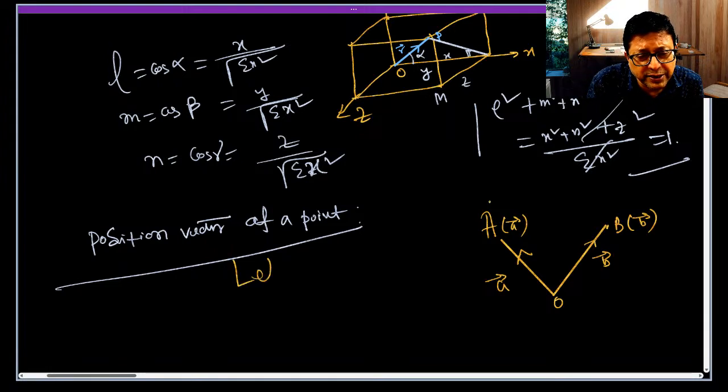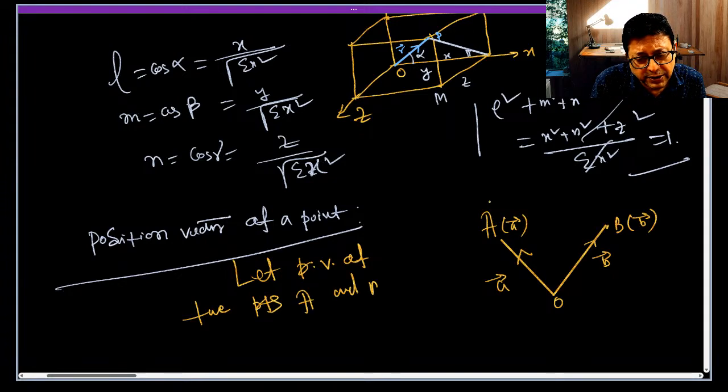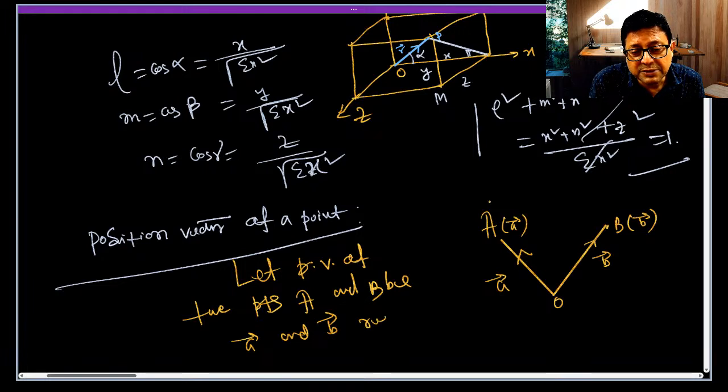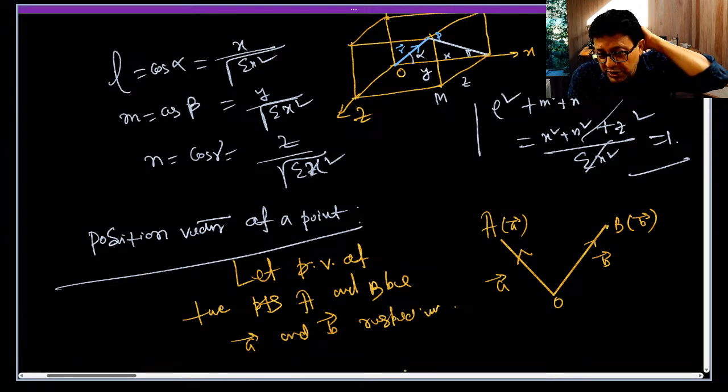So start in this manner. Let the position vectors of the points A and B be a and b respectively.